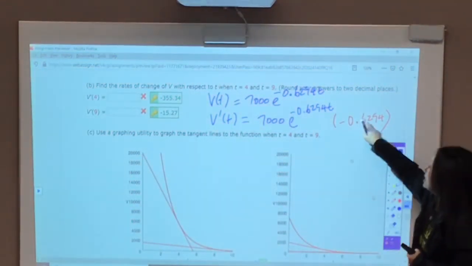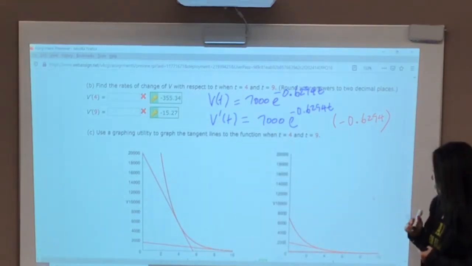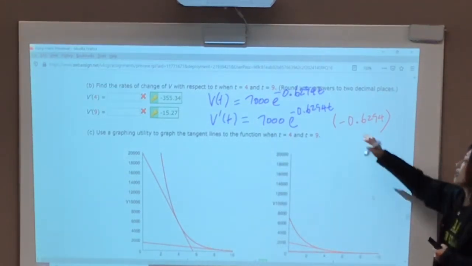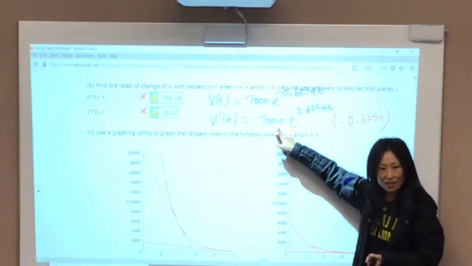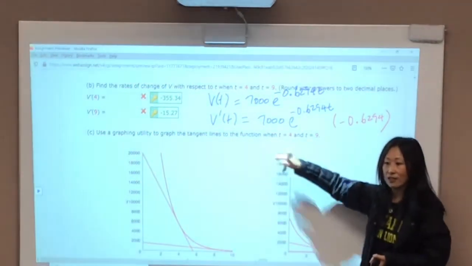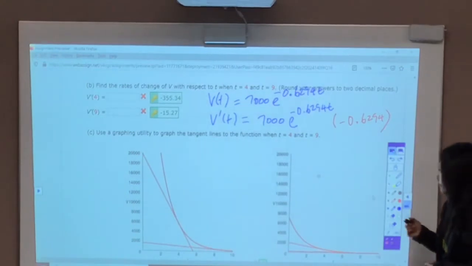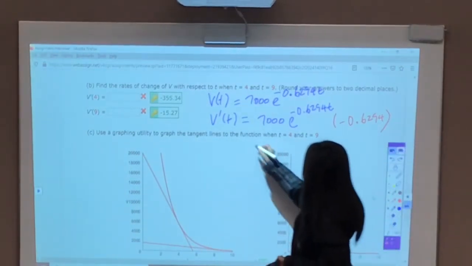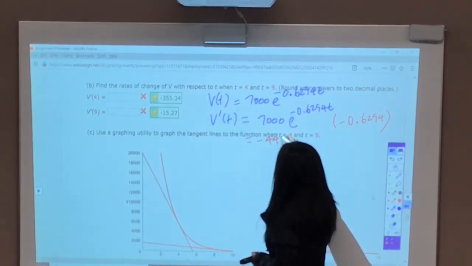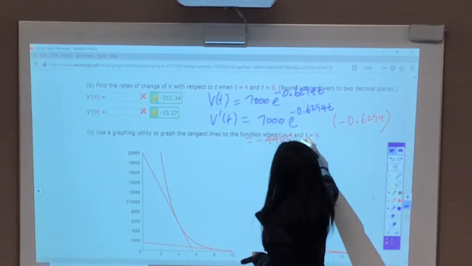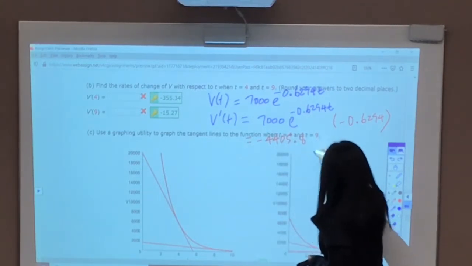So you multiply this and that. What's that equal to? Negative 0.6294 times 7,000, whatever that is, that's your new coefficient. It would be negative 4405.8.